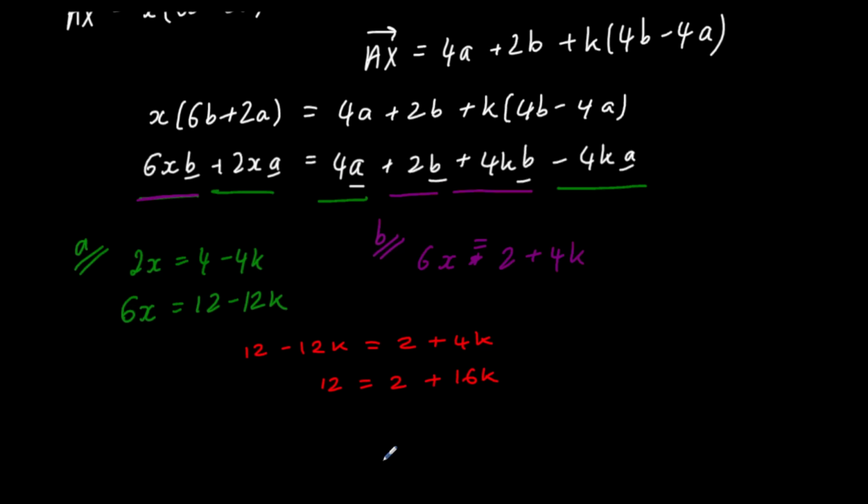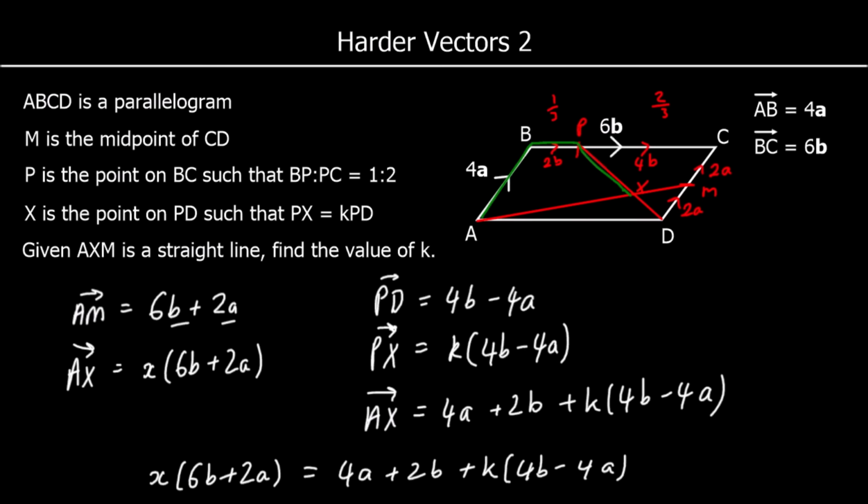Take 2 from both sides: 10 equals 16k. Divide both sides by 16. So k is 10/16 or 5/8. So P to X is 5/8 of P to D.